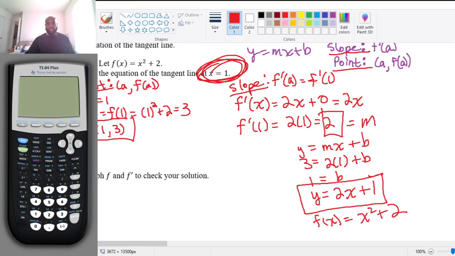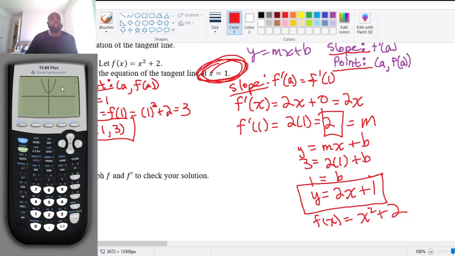So I'm going to go to y equals, and I'm going to put in my function, which is x squared plus 2. Press enter. And then I'm going to enter my tangent line, which is 2x plus 1. And I'm going to get my standard viewing window. So I went to zoom, and then I chose option 6.